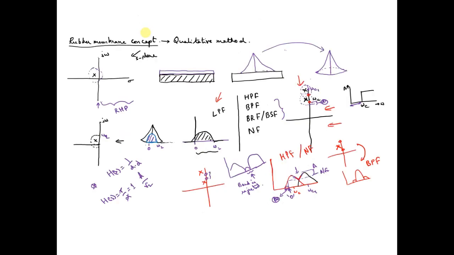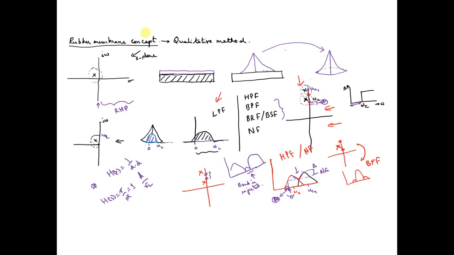Now there is a rubber membrane concept. It helps us in understanding how a filter may behave, in a qualitative aspect. Why am I interested in this before going into the mathematics? The reason being, it gives you an understanding of what type of filter response you should be expecting when you are putting a pole and a 0 in the plane, in the S plane or a Z plane.